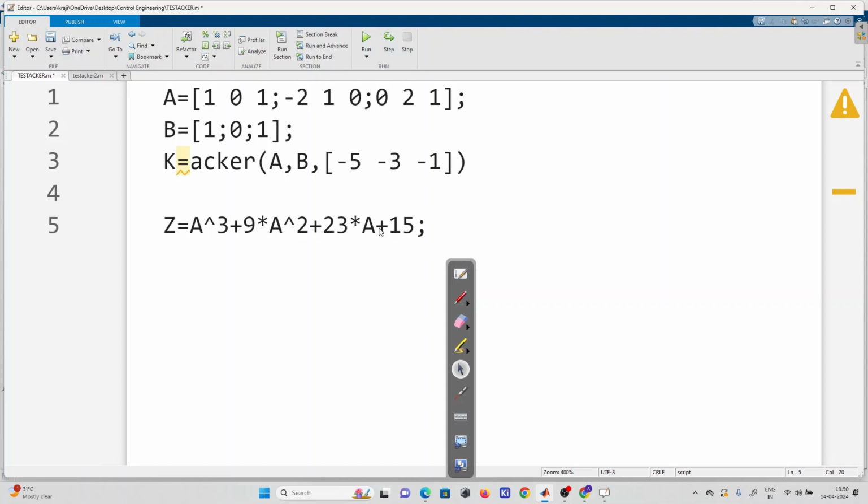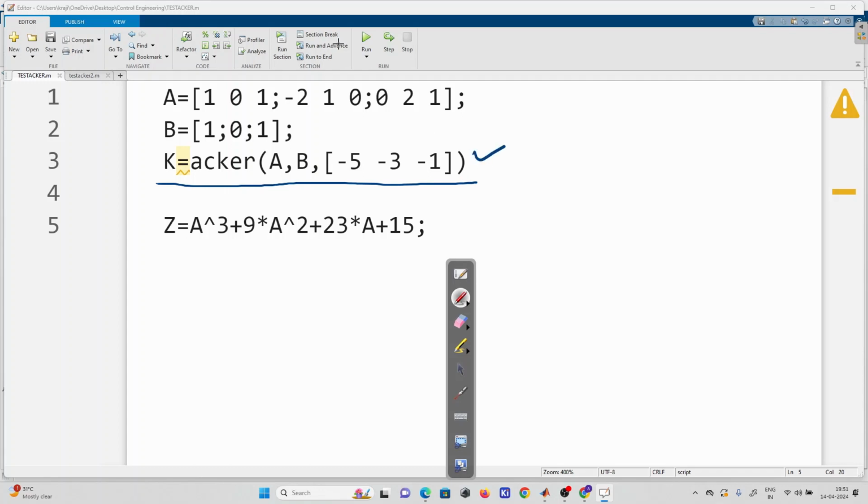You can also define a 3 by 3 matrix A in a scientific calculator and save it, and then do this kind of matrix computation. And if you have MATLAB, you can directly use the formula K is equal to ACKER of A, B and find the final answer.